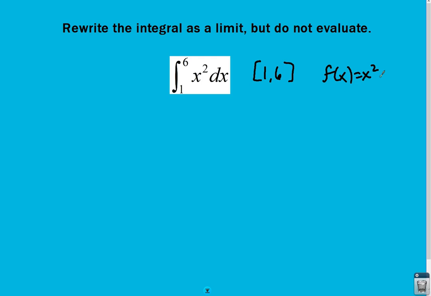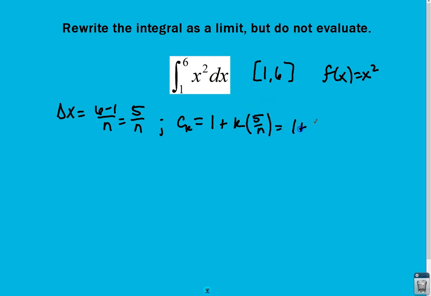Okay, so we're going to start with finding delta x, which is 6 minus 1 over n, so 5 over n, and then I need to find c sub k, which is going to be a plus k delta x, so 1 plus 5k over n.